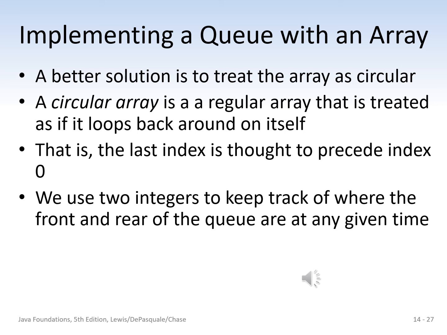It's still a regular array, but we treat it as if it loops back around on itself. In other words, the last index is thought to precede index 0. And we'll use two integers to keep track of where the front and rear of the queue with regard to the array are at any given time.